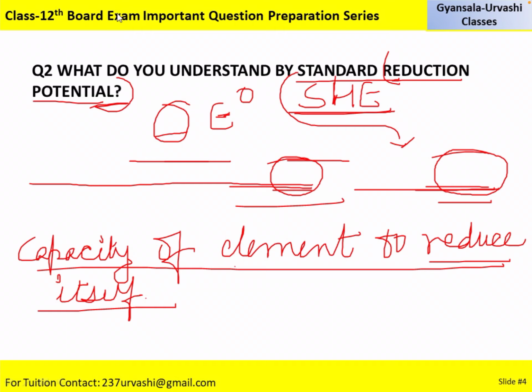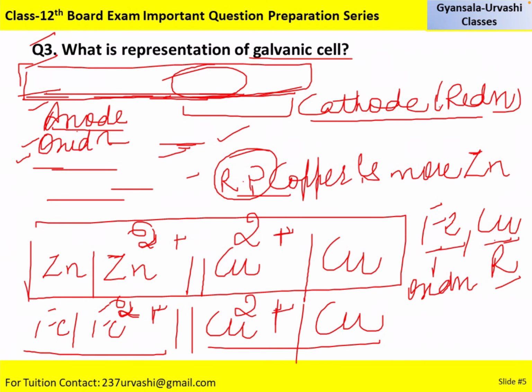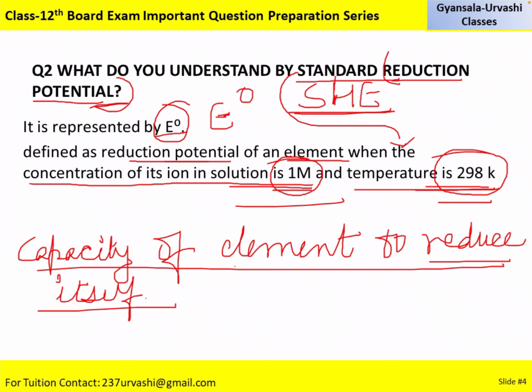The next question was, what do you understand by standard reduction potential? It is represented by E naught and defined as the reduction potential of an element when the concentration of its ion in solution is 1 molar and the temperature is 298 Kelvin.